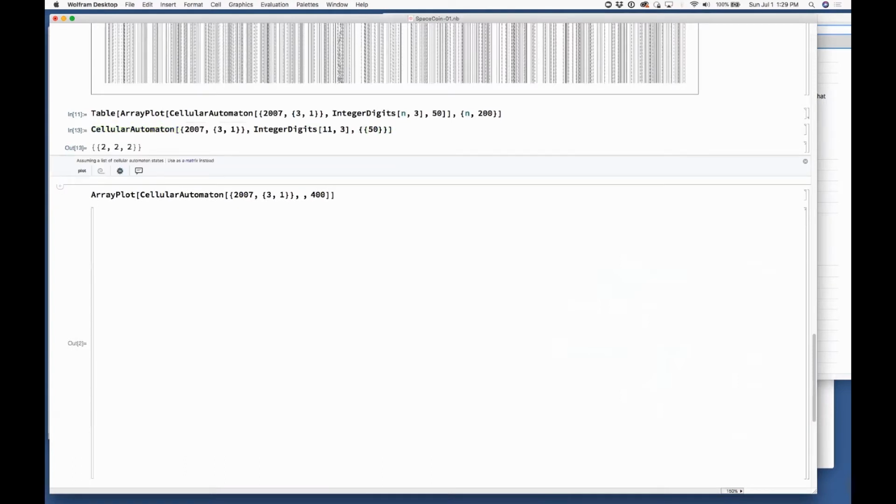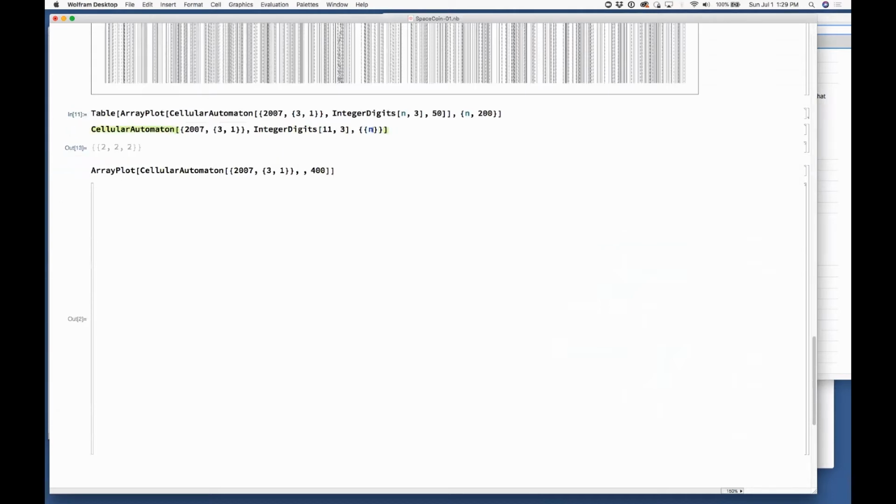Okay, so that has not grown. So now we go through here and make a table of these, n up to 1,000, and take the length of that. This is just going to give us the size of the little thing.